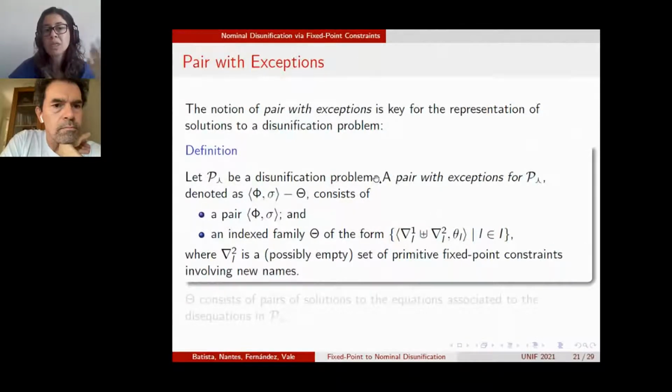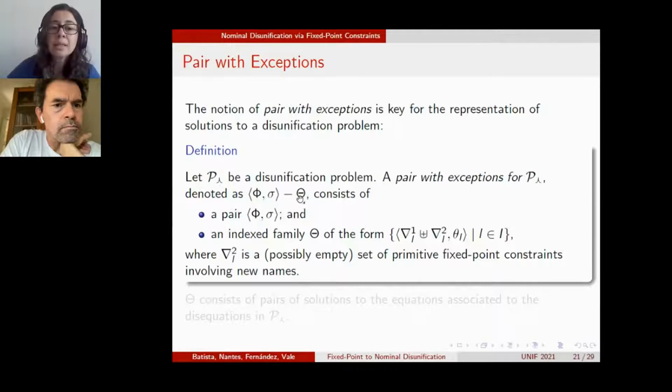A pair with exceptions is like a context and a substitution minus a set, a family theta, which has this form, a set of fixed point contexts and substitutions. And we are not going to detail this; the index doesn't matter, it's just a set of fixed point constraints.